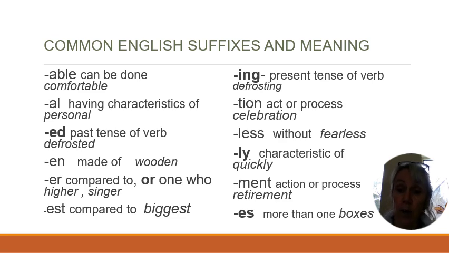Then we have ly, which is also characteristic of or like, so we have it used in a verb formation, quickly, which makes it an adverb describing how fast something was. He ran by quickly. He ran quickly. So quickly. Ment is also action or process.